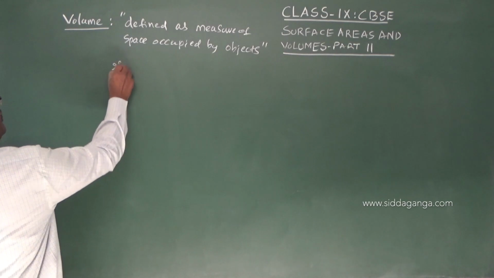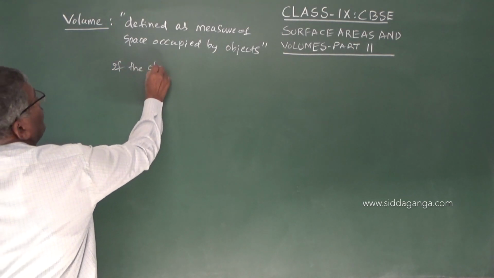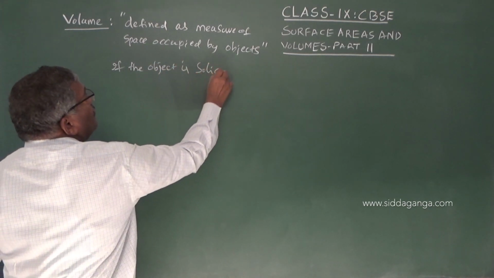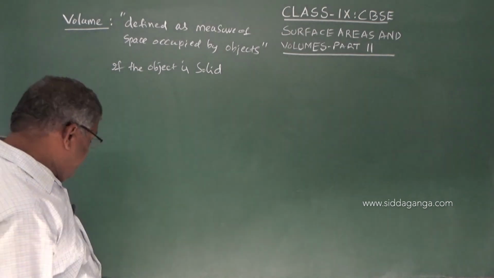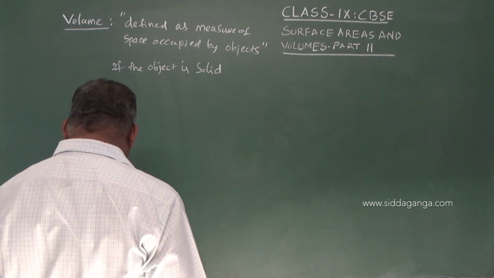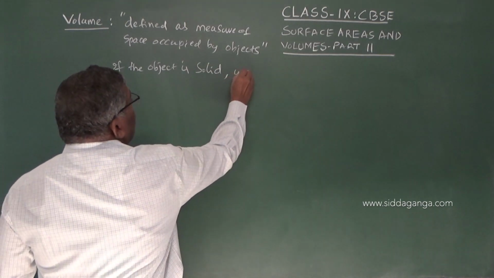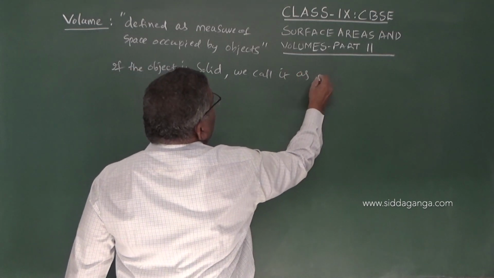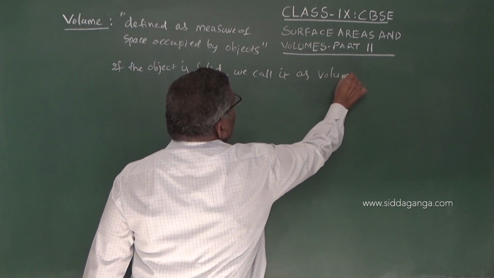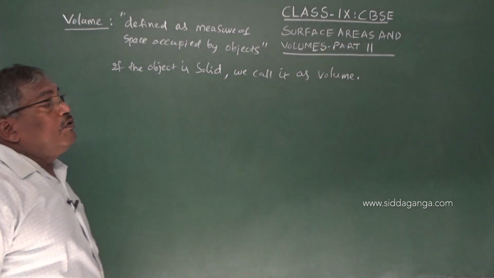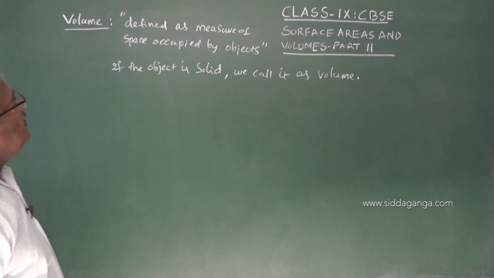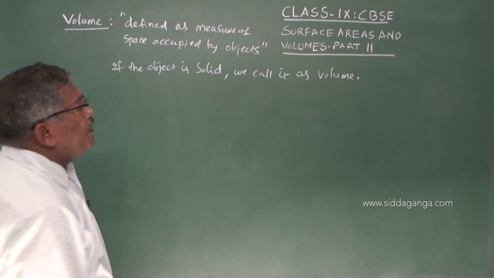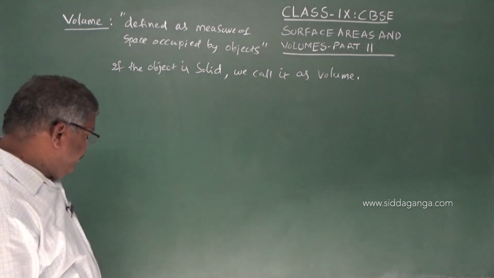So here, if the object is solid, we call it as volume. It means what? The measure of the space occupied is called as the volume.